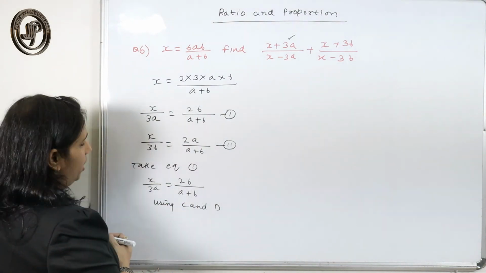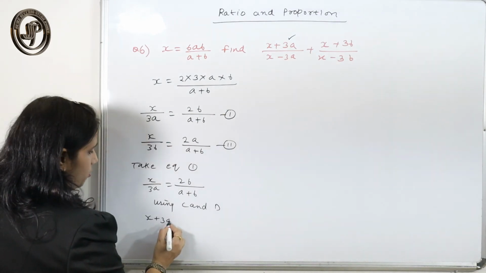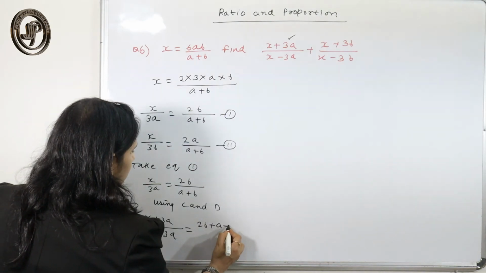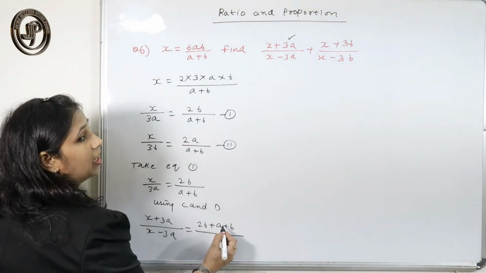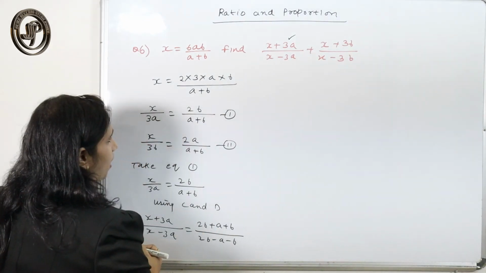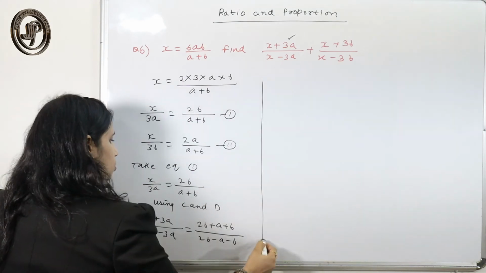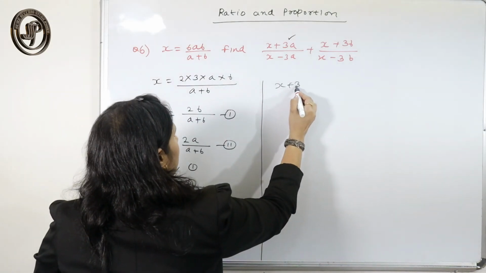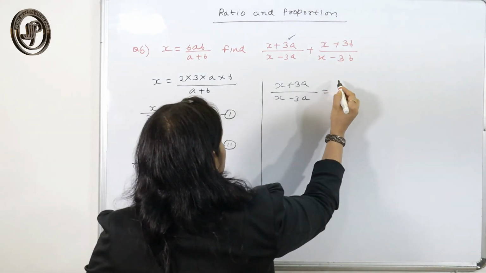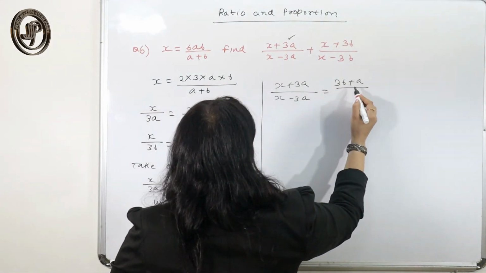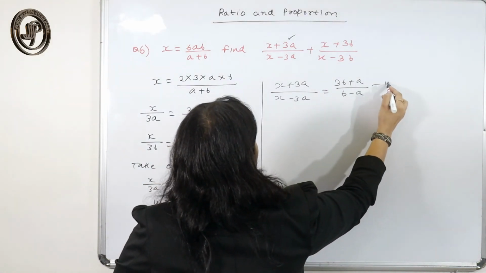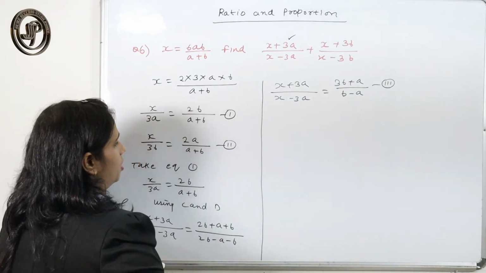If you use C and D, x plus 3a, x minus 3a, 2b plus a plus b, numerator plus denominator, and numerator minus denominator. So here you can write this as 3b plus a upon b minus a. This you can consider equation 3.